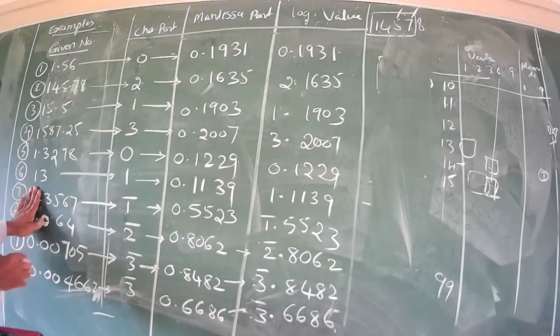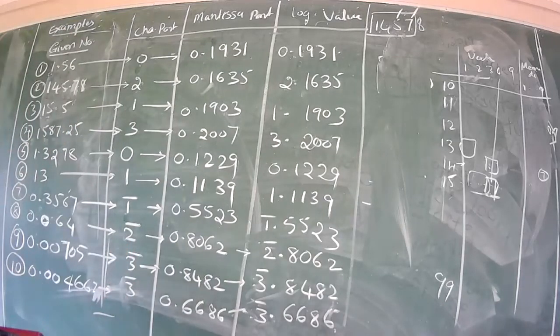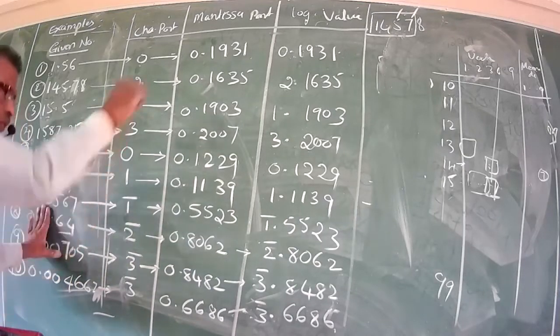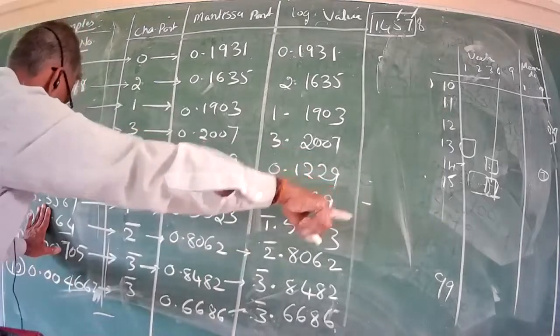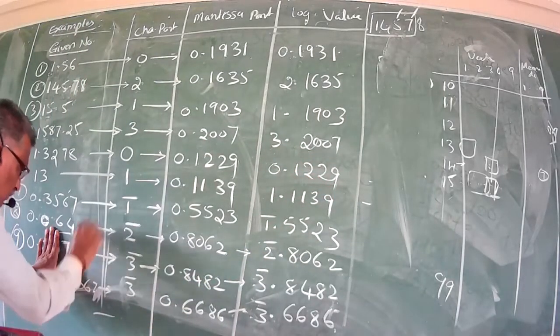Again, ignore the decimal point. Go to 35th and 6th, 7. Similarly, others. Because here, ignore this 0 and this. Consider 64. Go to 64. Record the number. Here again, ignore these zeros. Go to 70 and 5.